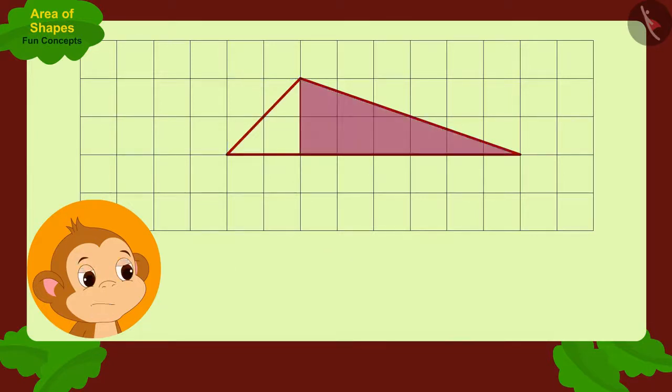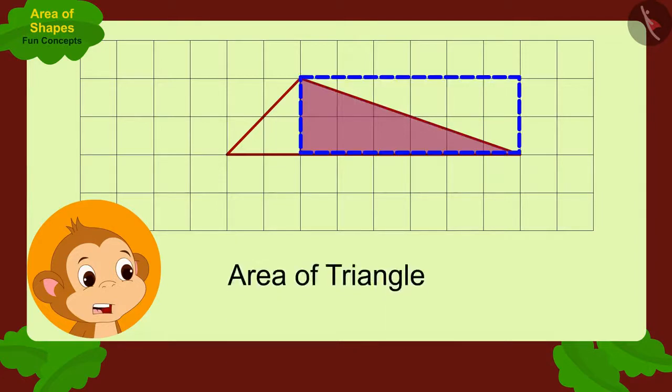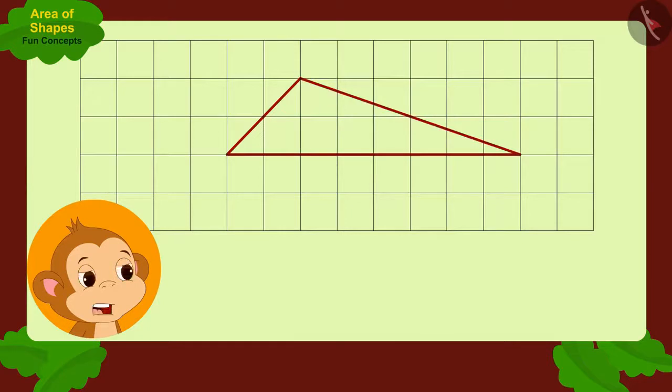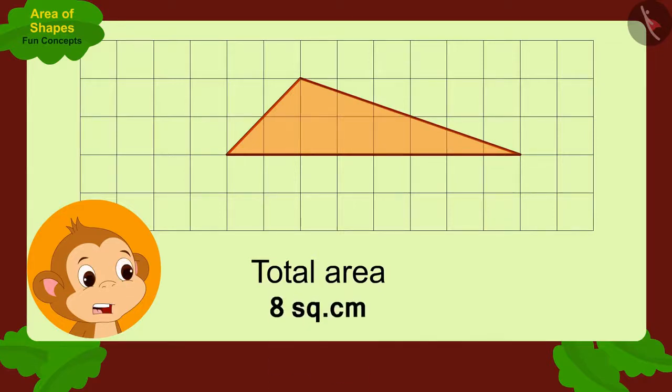And the area of this big triangle is half of the area of this rectangle, or 6 square centimeters. In this way, the total area of this part of the box is 6 plus 2, 8 square centimeters.